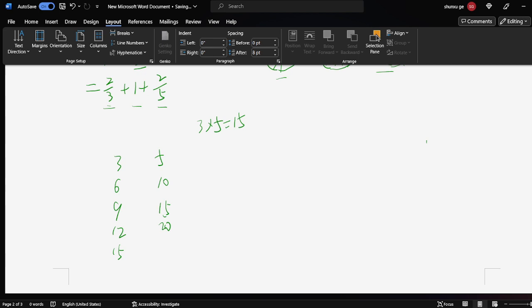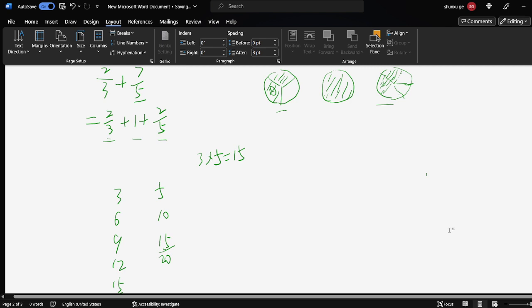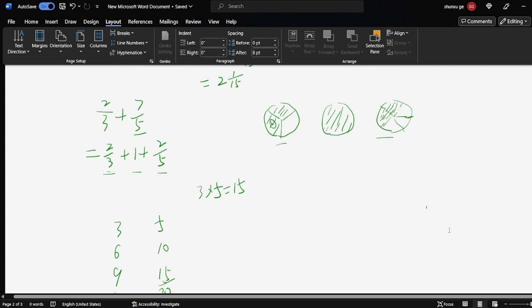Okay, now we find when their multiples are the same. So here 15, here 15. That means 5 times 3 is 15, and 3 times 5 is 15. So about this one, how many?